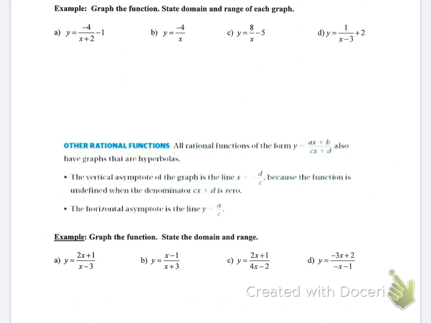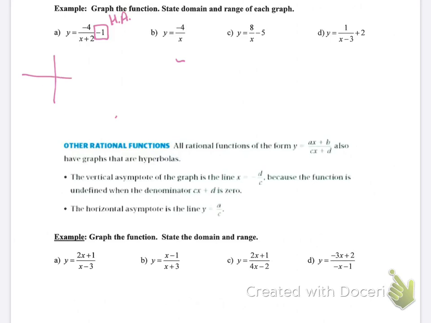All right, so let's just look at a couple here. It says, graph the function, state the domain and range of each. You have your calculator. I'm going to just sketch it from what we have here, just because I think it's easier than plugging it in for you guys. This, remember, is your horizontal asymptote.